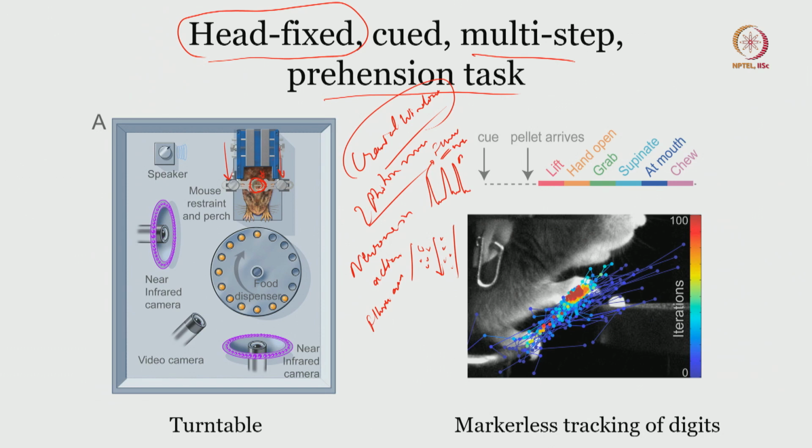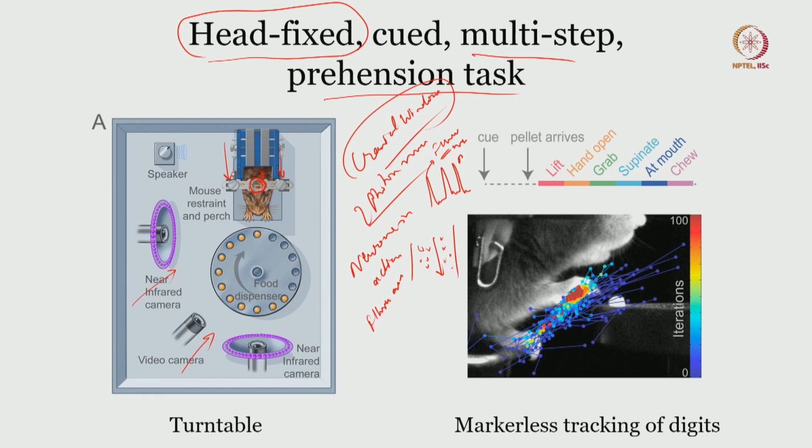Each and every movement can be captured using a video camera, and you have an infrared camera here, which can give a beautiful automated analysis of the kinematics involved in the movement of the forepaw.